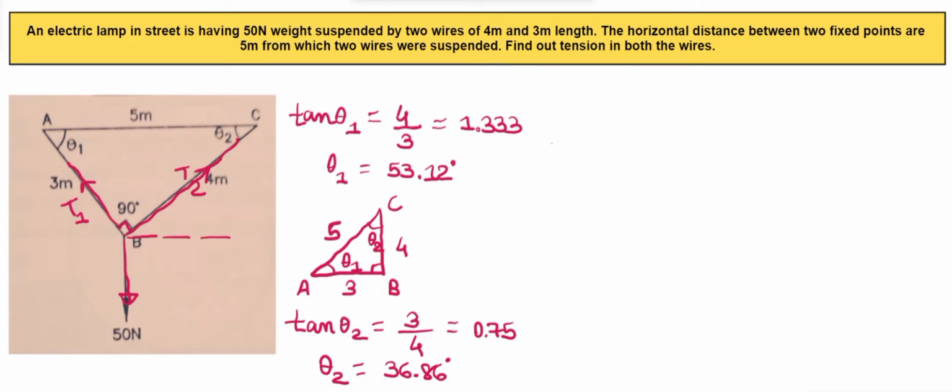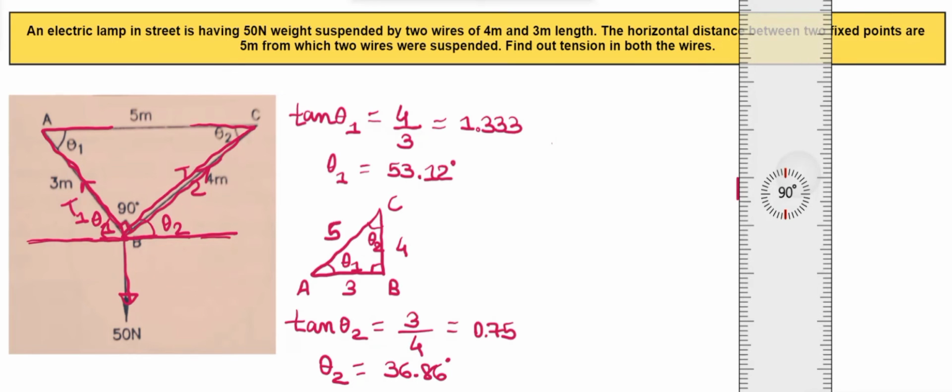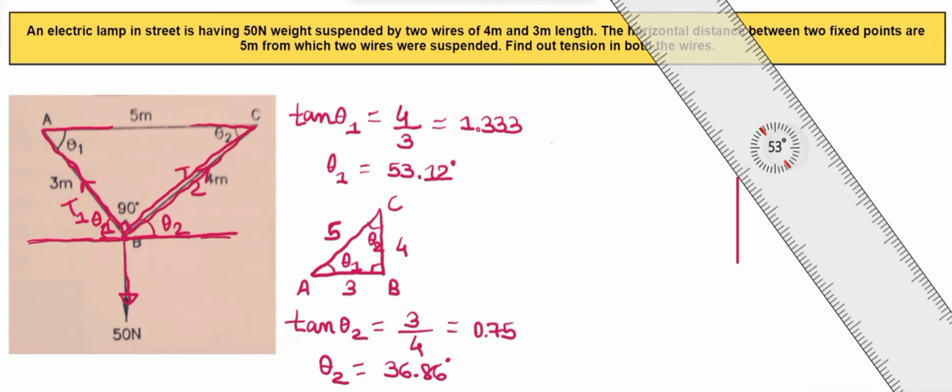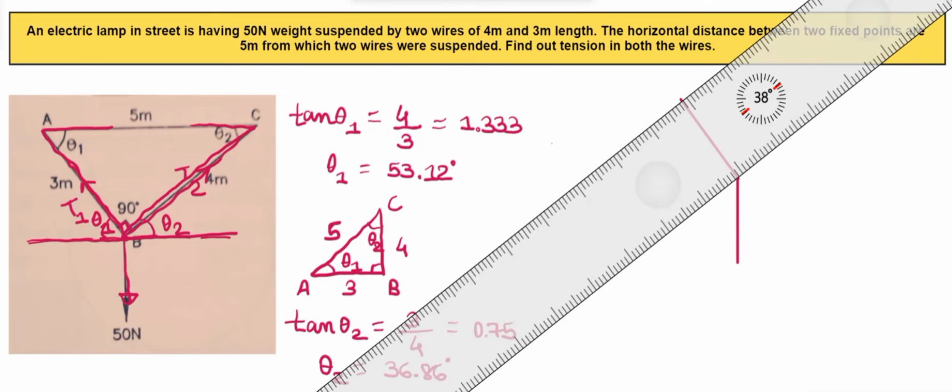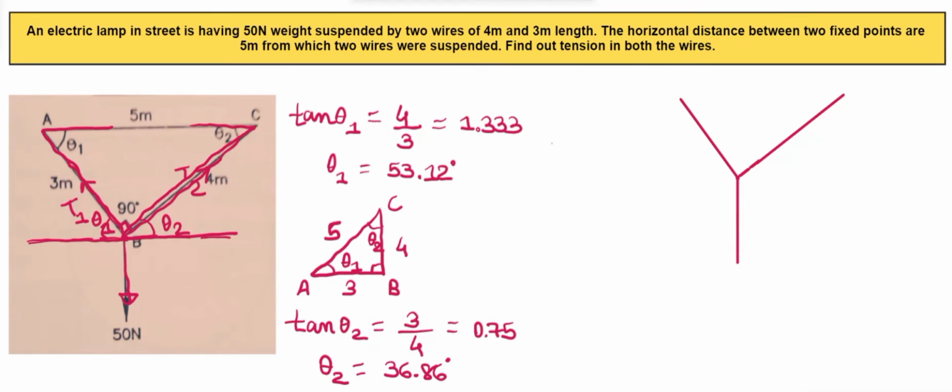Let's just draw the free body diagram. Firstly, let me just show the angles here. This angle is vertically opposite angle. So here the angle will be theta 2. Same with this angle is vertically opposite angle. So this angle will be theta 1. We can just represent all of these things in our free body diagram. Here, this one is T1, this is T2, and this one is 50 Newton.